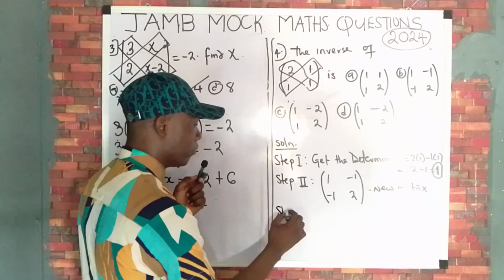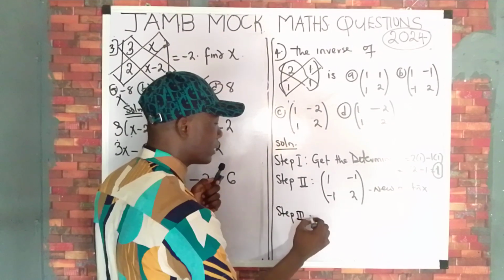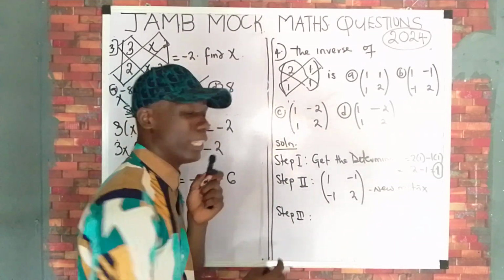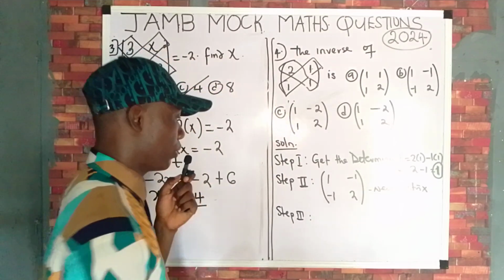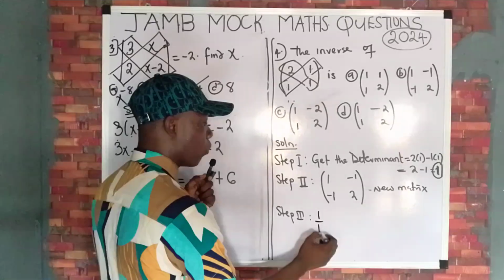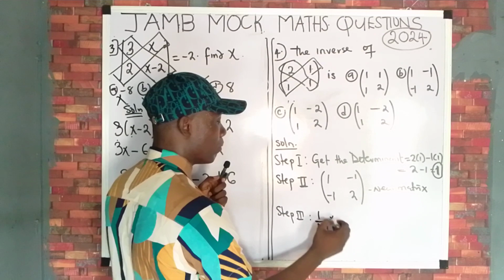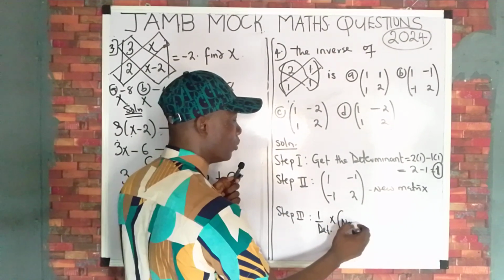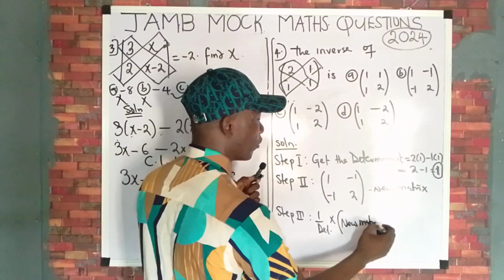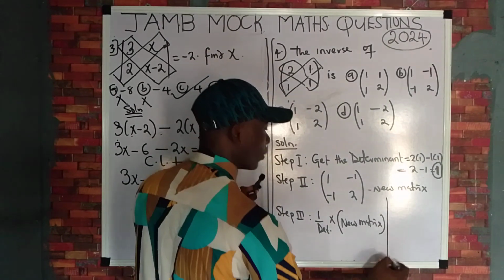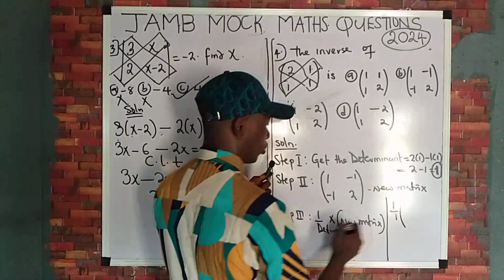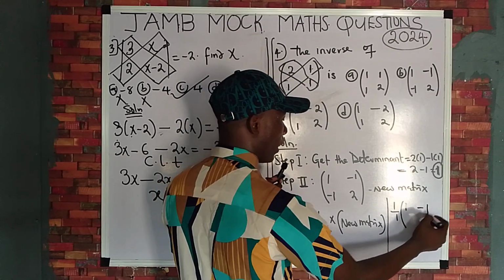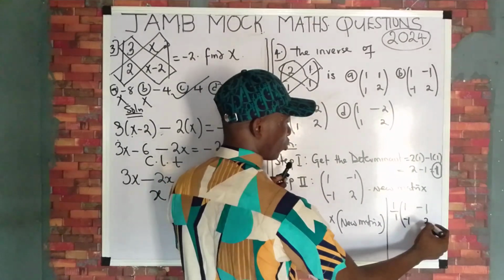What is step 3? Very easy. Step 3 says that you should use the inverse of your determinant to multiply the new matrix. That is to say, 1 over your determinant multiplied by the new matrix. Don't forget, very easy. So from this formula, we have 1 over 1 multiplied by the matrix 1, minus 1, minus 1, 2.